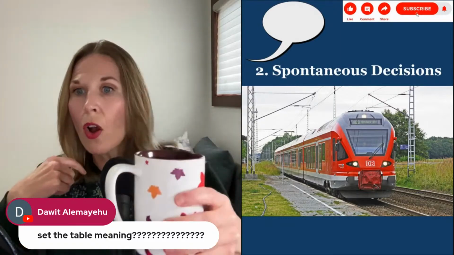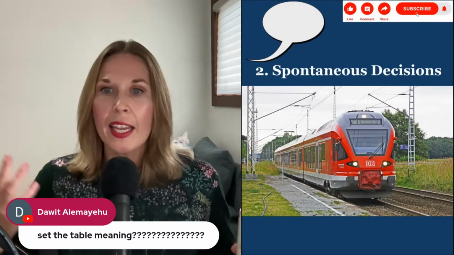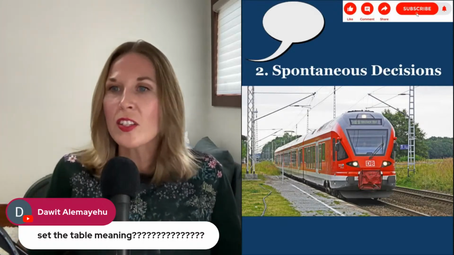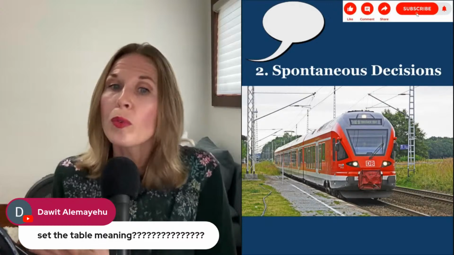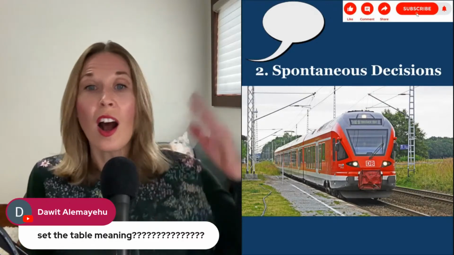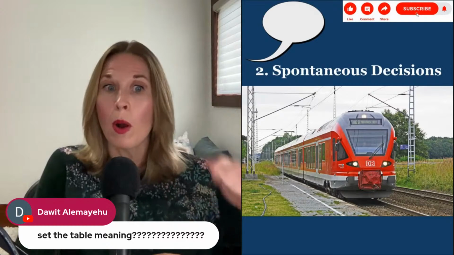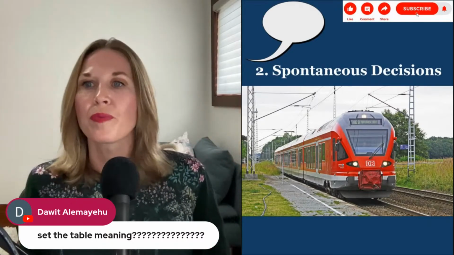That action is called setting the table. Parents often ask their kids because it's an easy task, "Can you set the table?" Or the kid could offer, if they see their mom or dad is busy making dinner, "I'll set the table."